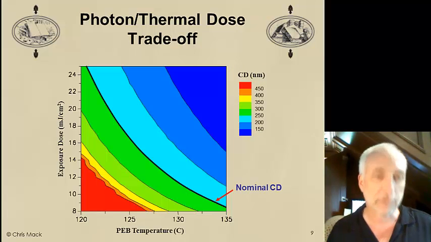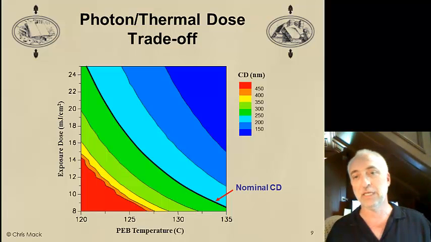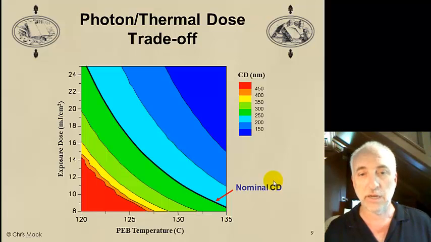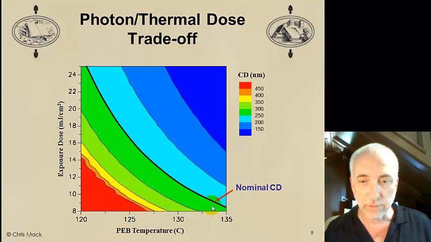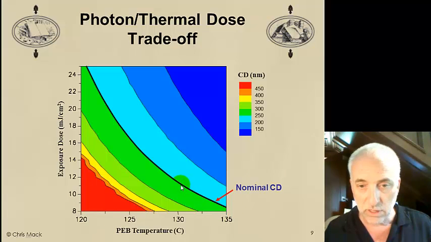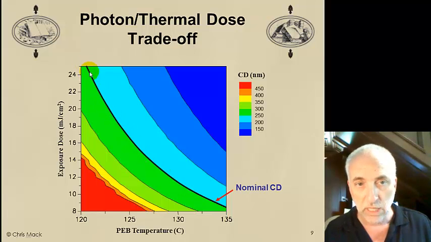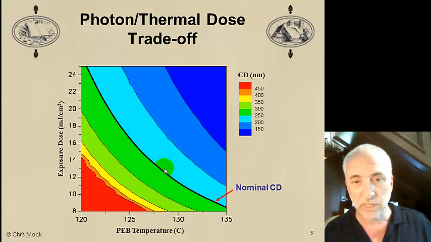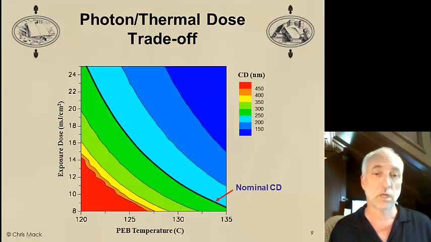It is a critical dimension in lithography. So the CD varies as a function of these parameters, but there is this dark black line that I've pointed to, a trade-off between exposure dose and thermal dose to produce the proper CD.